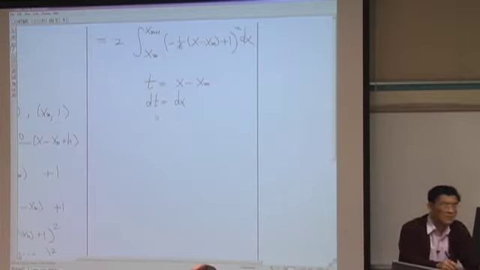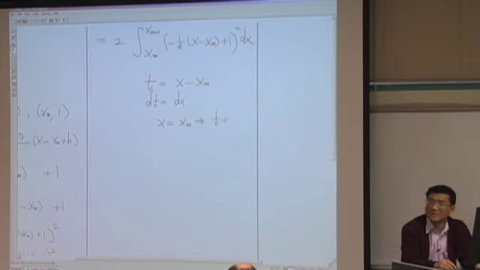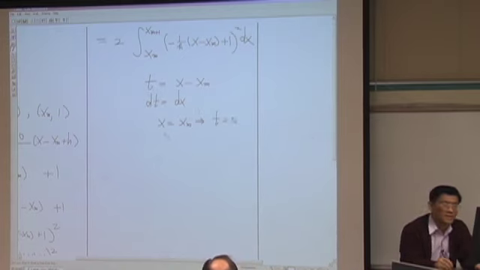And the boundary changes. x equal to xm becomes t equal to what? x equals xm gives us t equals 0. And x equals xm plus h, since xm plus h is h distance away from xm.